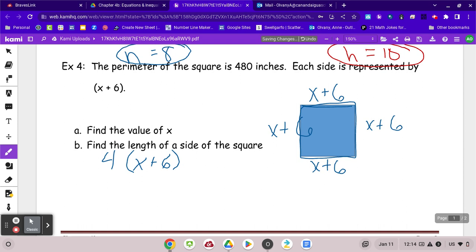And when I add up all the sides, it tells me I should get 480. Now I have a variable with an equal sign. I'm going to split and distribute.